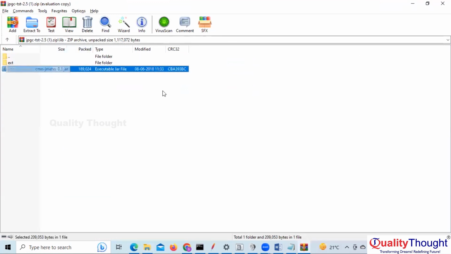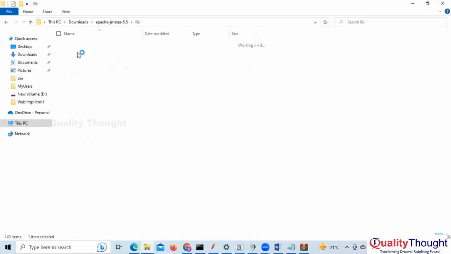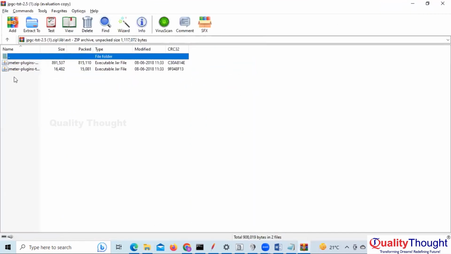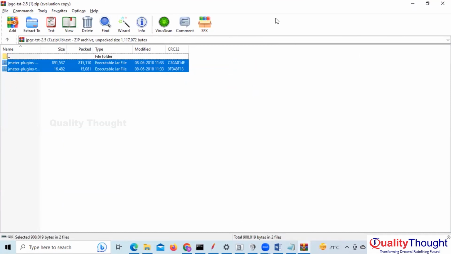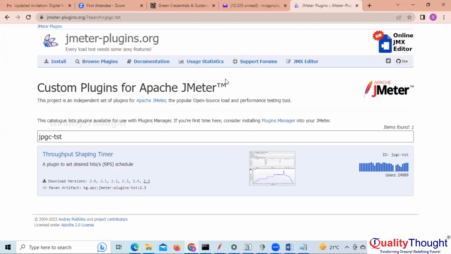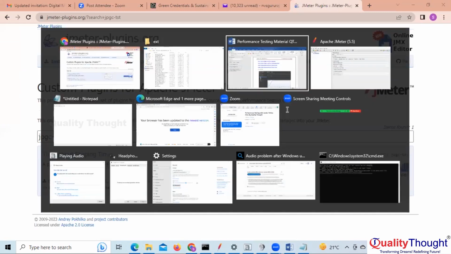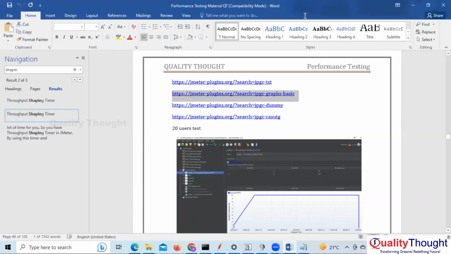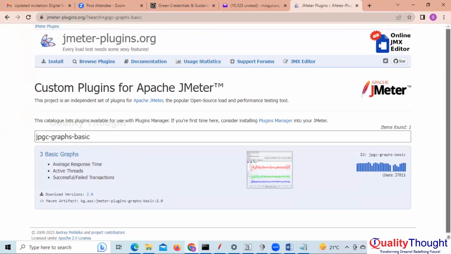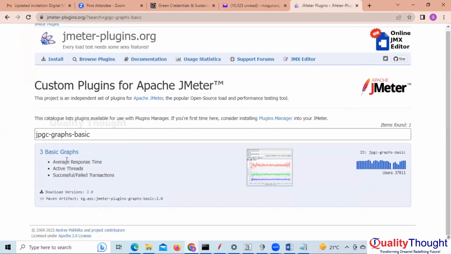And there is one more folder called ext under library. Under ext, what you need to copy? Go to the ext folder, and you have 2 jar files in ext. You just need to copy those, right? The same process you need to follow for all these 4 plugins. The first plugin is the throughput shaping timer, and the second plugin is about 3 basic graphs.